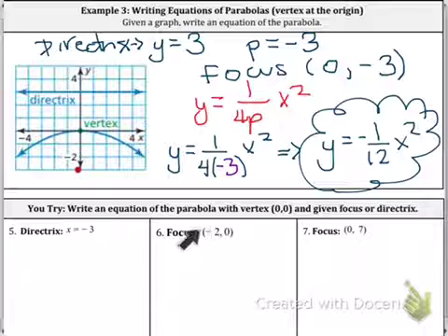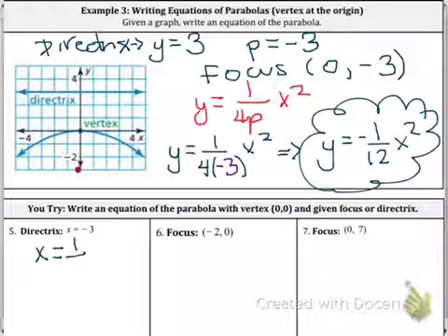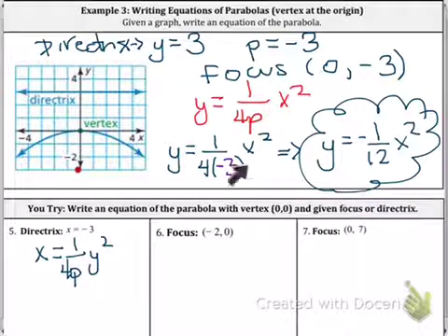So you'll use the other equation, which is x equals 1/4p y² instead. Okay? And when you have it in the y value, then you use y equals 1 over 4p x². So try these out, and answers will be posted later.